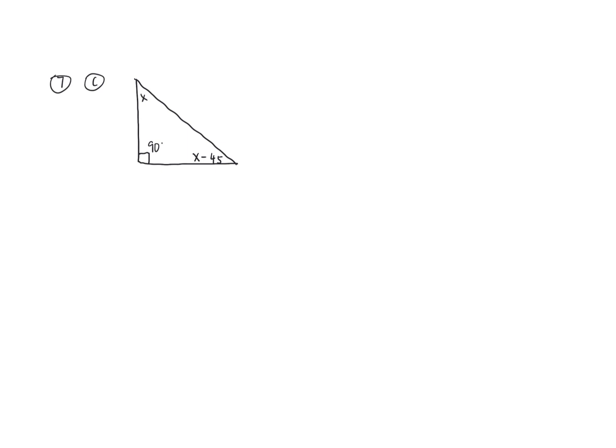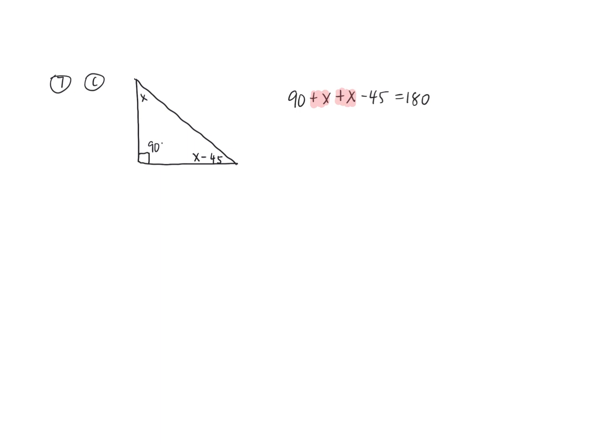All right, so now we have all of our angles labeled. Remember that all 3 angles together add up to 180 degrees in a triangle. So we'll have 90 plus x plus x minus 45 is equal to 180. On the left, we have some like terms.